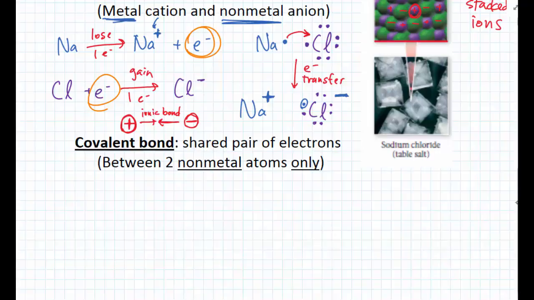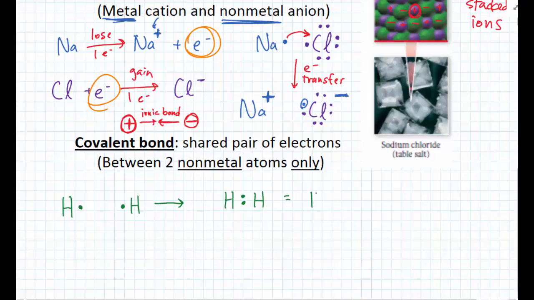A covalent bond does not come from an electron transfer. It comes from sharing of electrons. Okay? It ends up with a pair with two electrons that are shared between a pair of atoms. This is what happens when we have two nonmetals that need to be bonded. Okay? Like the simplest example is hydrogen, which has just one electron, and another hydrogen atom. If they get close enough together, they can share that pair of electrons between them.